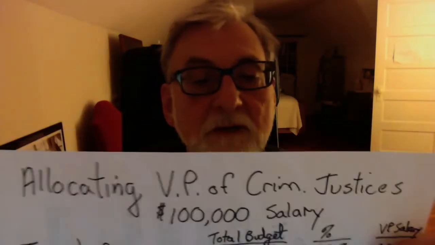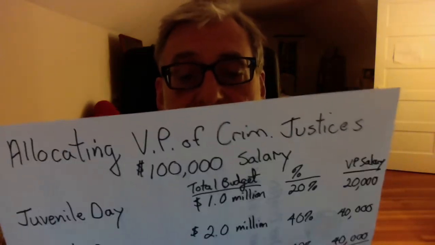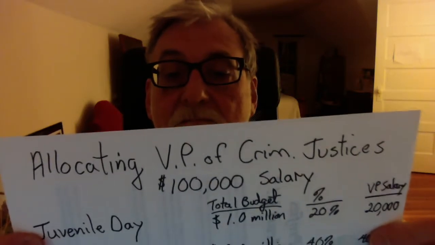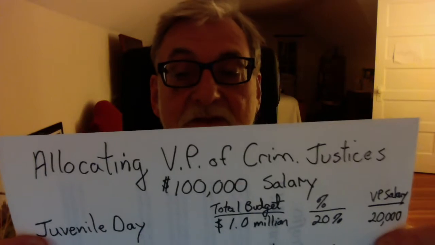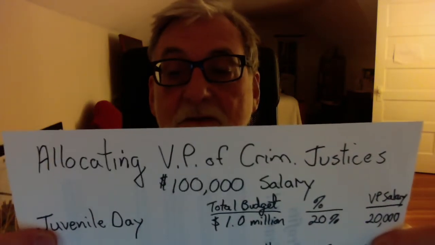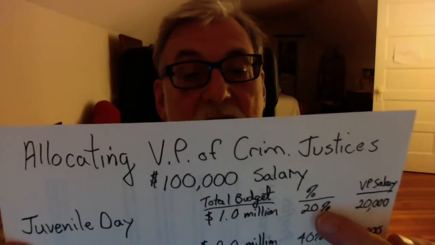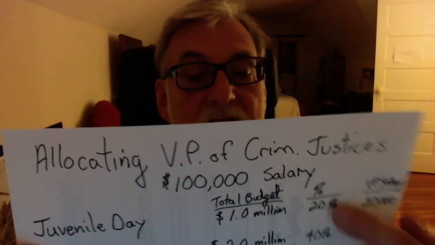So if you think about what percentage of that $5 million is money that funds the Juvenile Day Program, it's really 20% of the total, right? 1 million of 5 million is 20%.